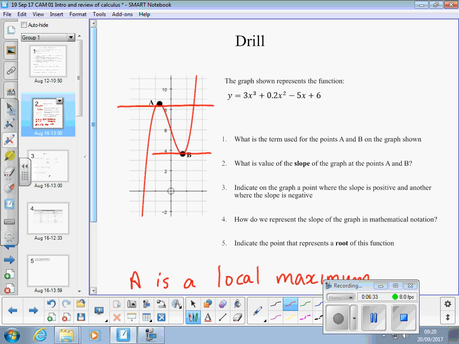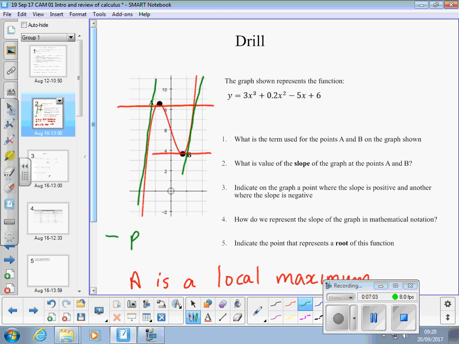Alright, so we're going to be doing a little bit of that as we go through this module. Indicate on the graph a point where the slope is positive and another where the slope is negative. So where's the slope positive on this graph? Anywhere on this left-hand side of A, we'd have a positive slope, and we'd have a positive slope there.